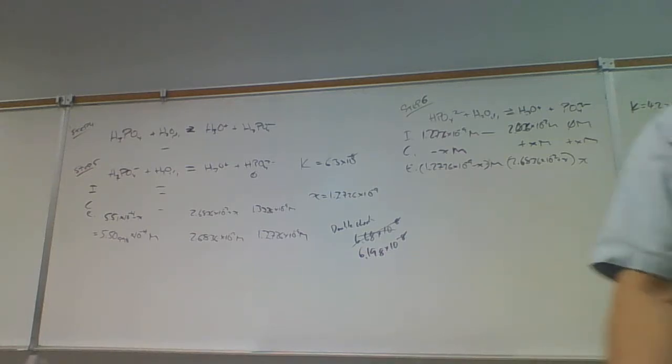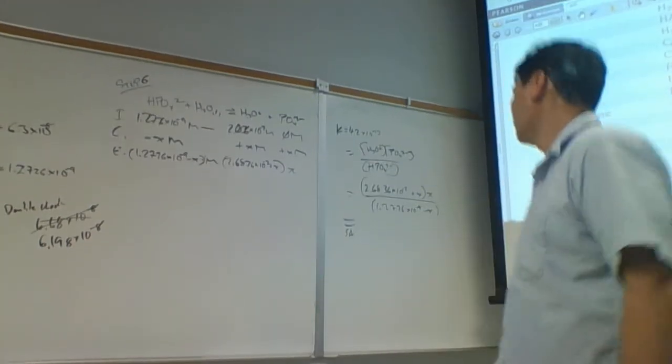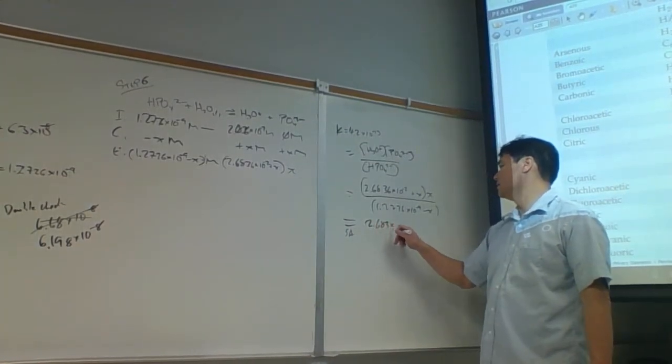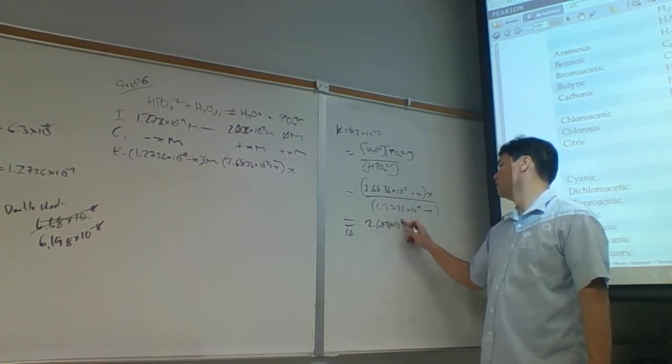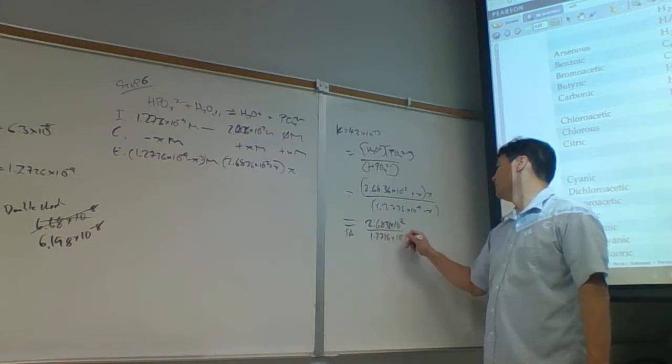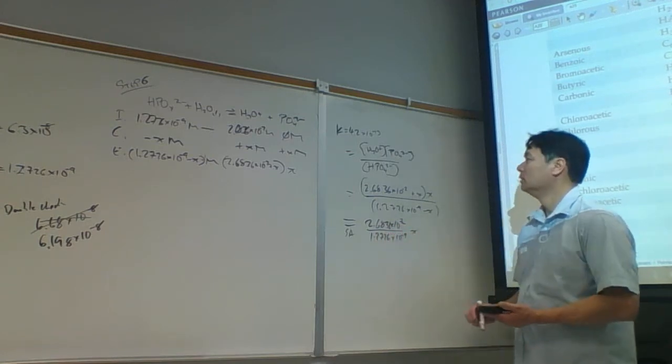We'll end up with 2.6836 times 10 to the minus 2 divided by 1.2726 times 10 to the minus 9 times X.